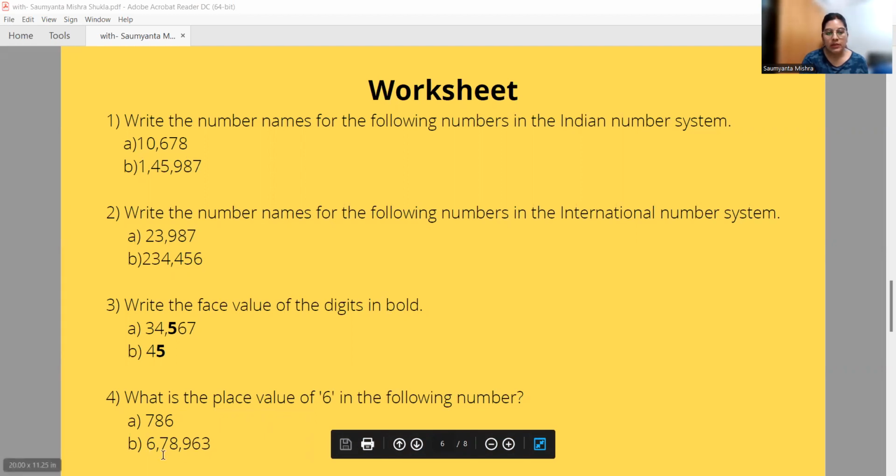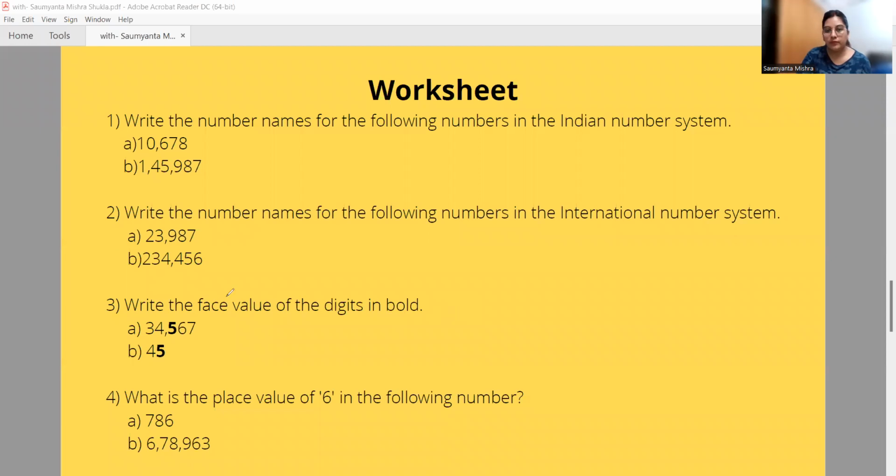Now, in the second number, we can use the number system chart to determine the place of the digit 6. We have lakh, 10,000, thousand, hundred, tens, and ones. So we have 3, 6, 9, 8, 7, and 6.